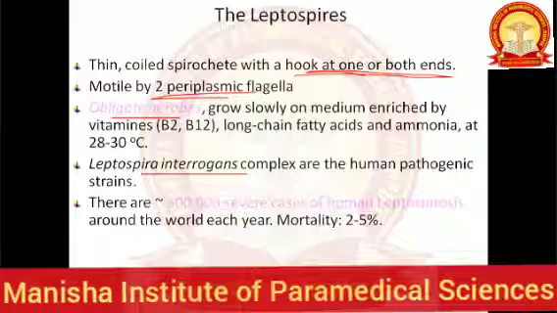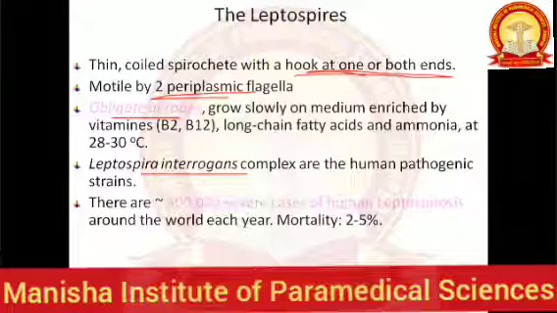Interrogans are the human pathogenic strain, as you can see. But still, they need the right environmental situation for their growth. So, though they infect the human body, they need a subsequent amount of time and temperature reliance to finally thrive inside the host body like humans.